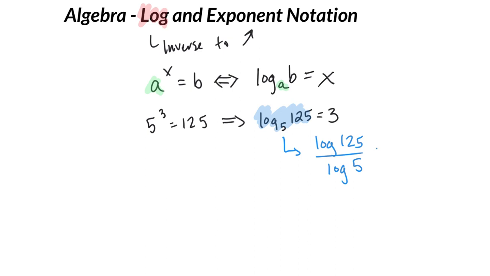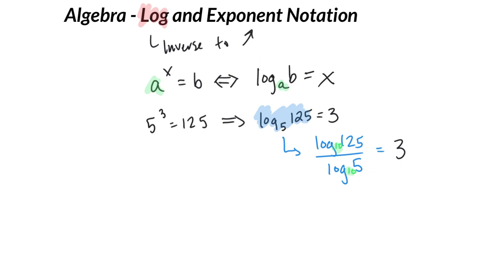And if we type that in, and let me just draw your attention to the fact that there's no base written. That's the one that's on our calculator. So remember, if there's no base written, we read that as 10. Okay? And this will give us 3 as an answer if we type that in.